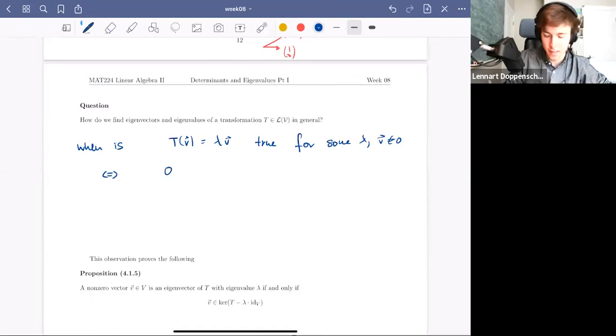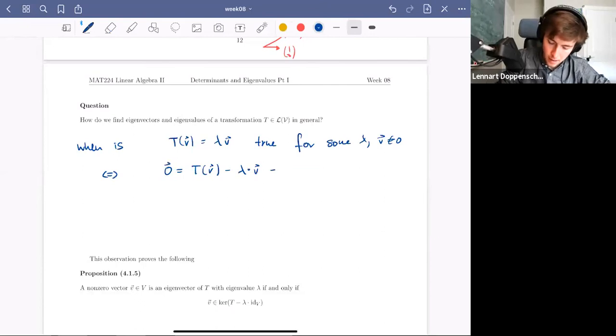if we subtract lambda v from both sides, we get that 0 has to be equal to T of v minus lambda times v. But this is now T of v minus lambda times the identity transformation applied to v.